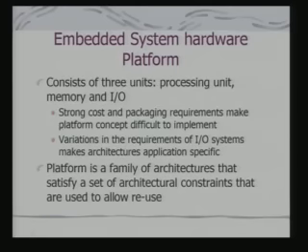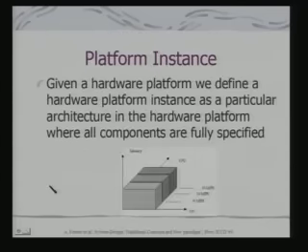Now, application specifics will determine a set of constraints which that architecture should satisfy. So, let us take an example. This is more of a conceptual example. Given a hardware platform, we define a hardware platform instance as a particular architecture in the hardware platform where all components are fully specified. So, in a platform architecture, some of the components may not be specified.